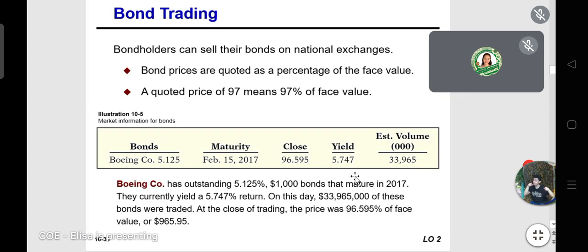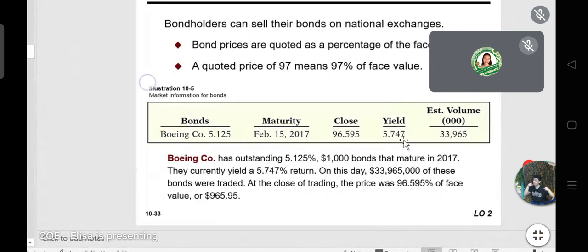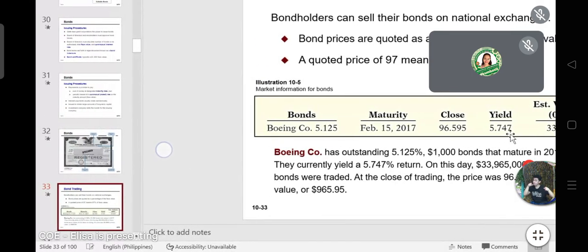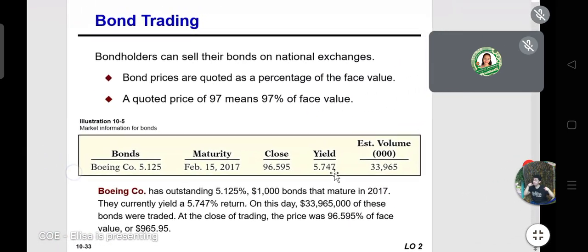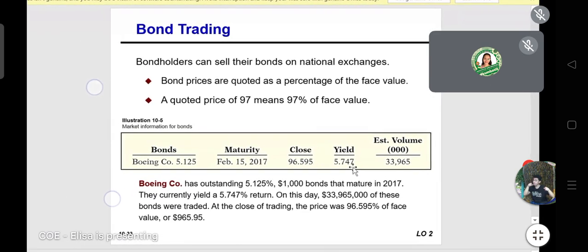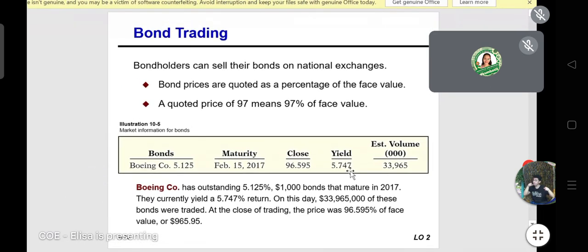So this is a mathematical computation, the current yield of the bond. And then estimated volume traded during the day is 33,965.